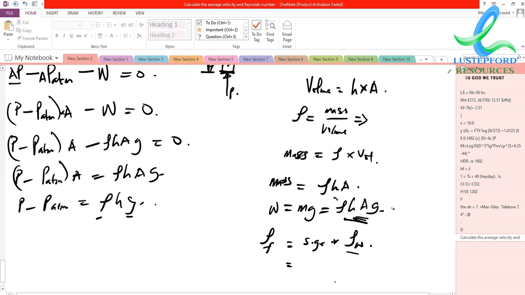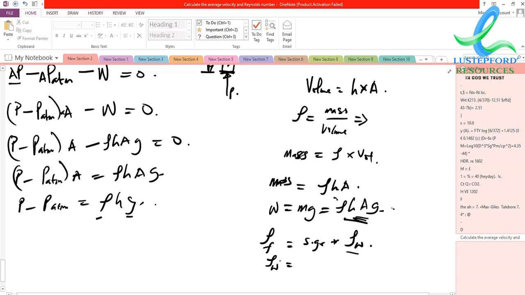Let me also give you the density of water in customary units, in pounds per feet cube.